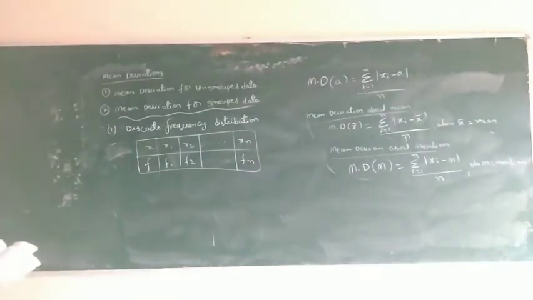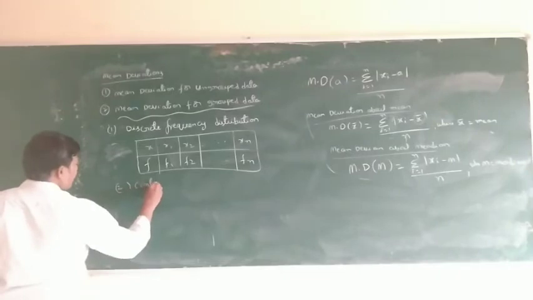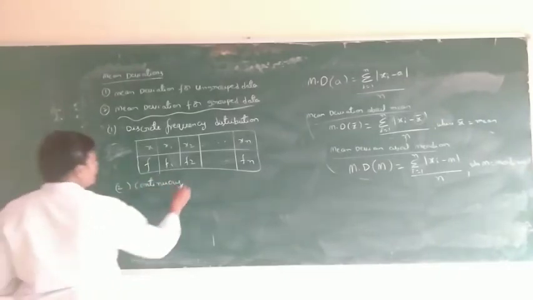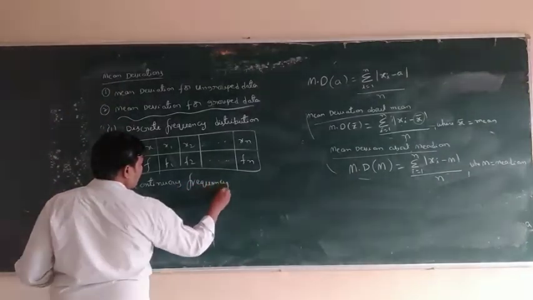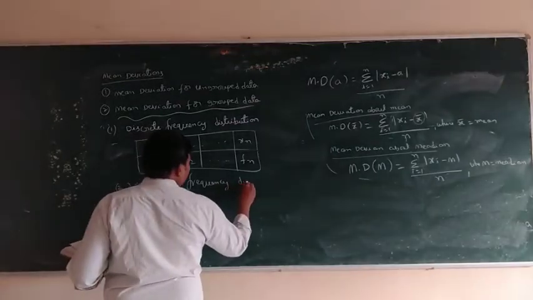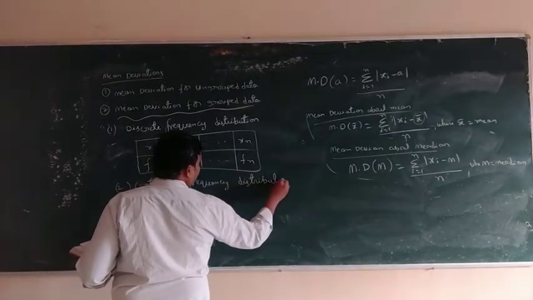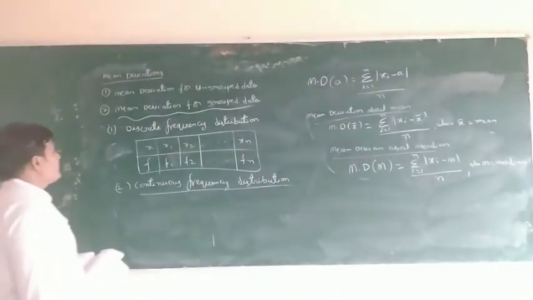This is only a table of observations and frequencies. Next, the second one, continuous frequency distribution. These are the first two.